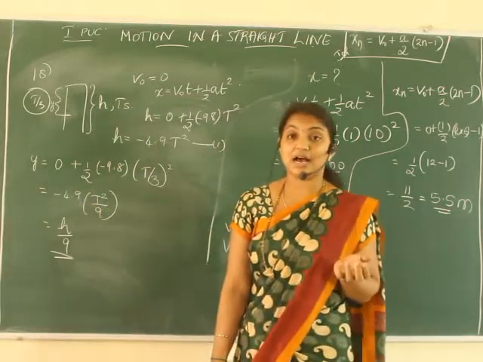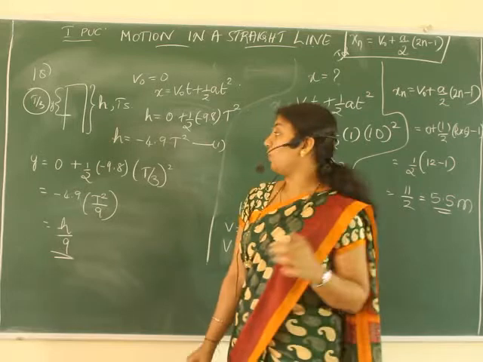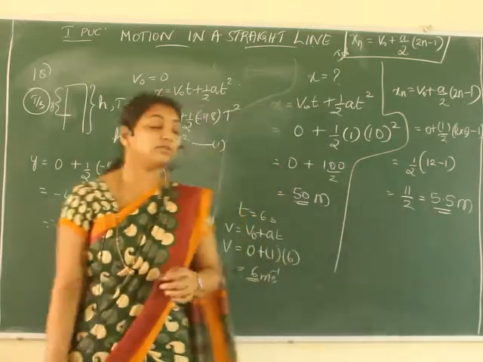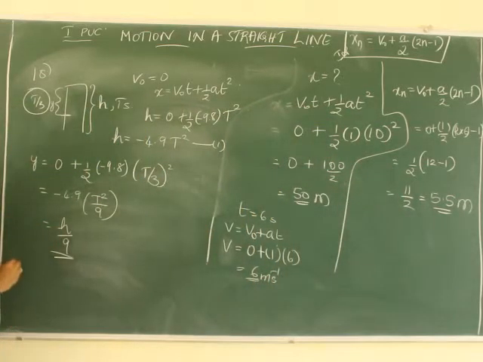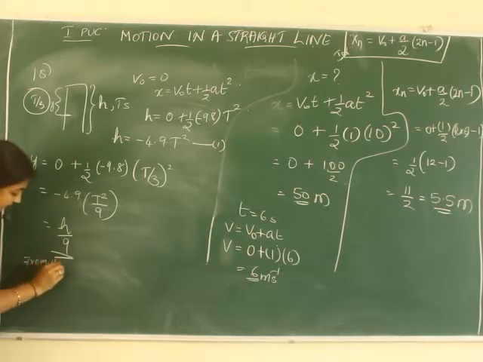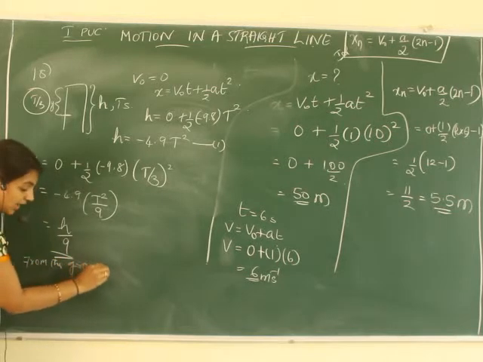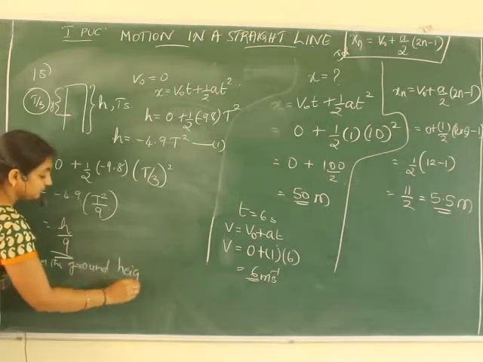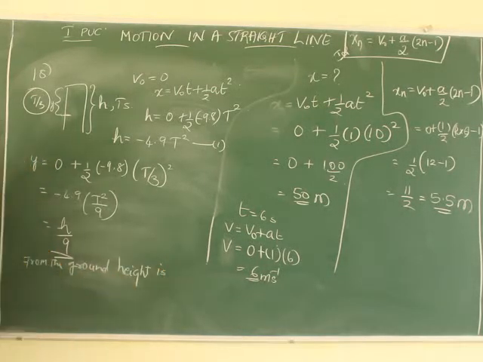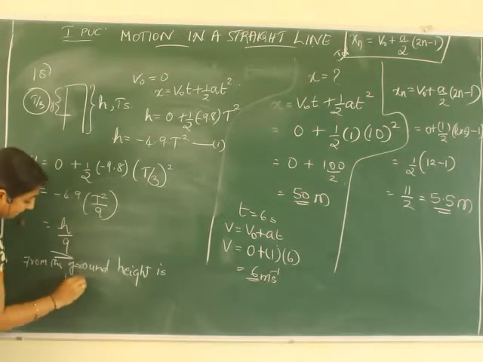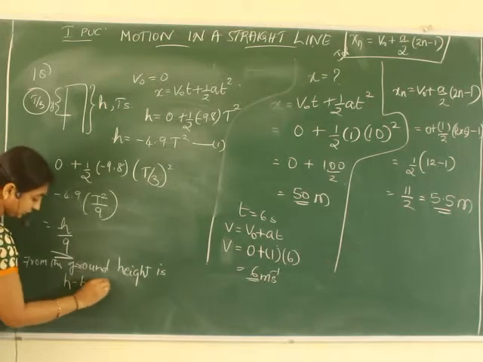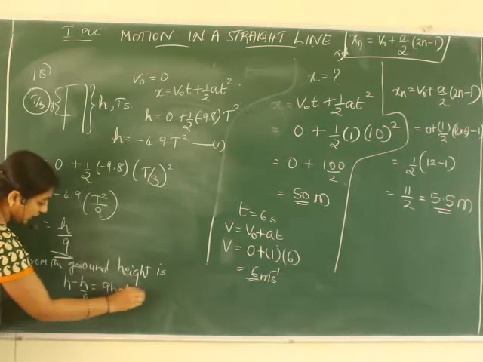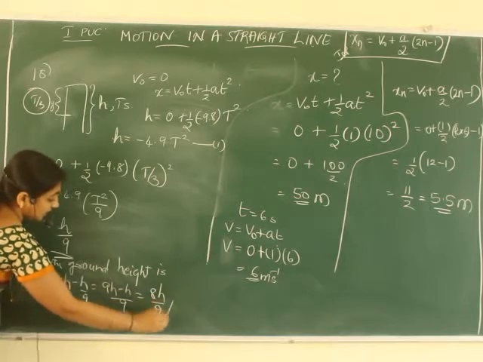If the question has asked from the ground, what is the height, then how much do you have to calculate? This is for your reference purpose. Till here is the answer actually. From the ground, height is h minus h by 9, that is 9h minus h by 9, that is 8h by 9.